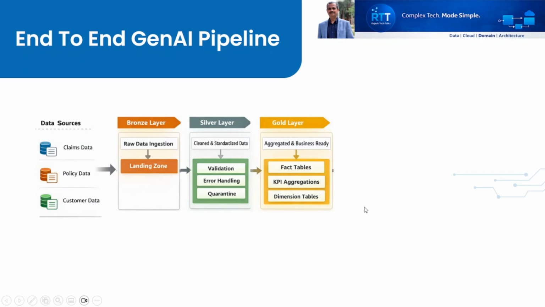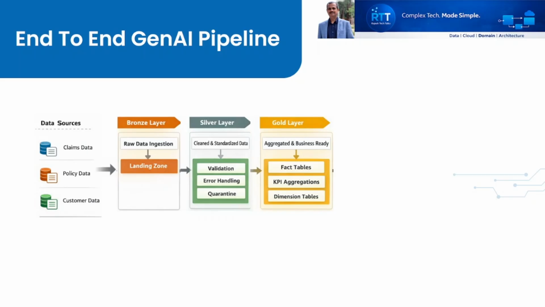Once we are ready with the silver layer, the data will move to the third layer, which is the gold layer. Now you see that it has been written that the gold layer is aggregated and business ready. We'll see how it is.